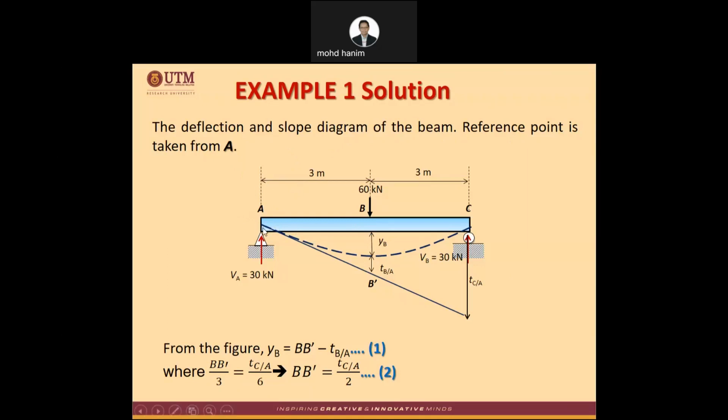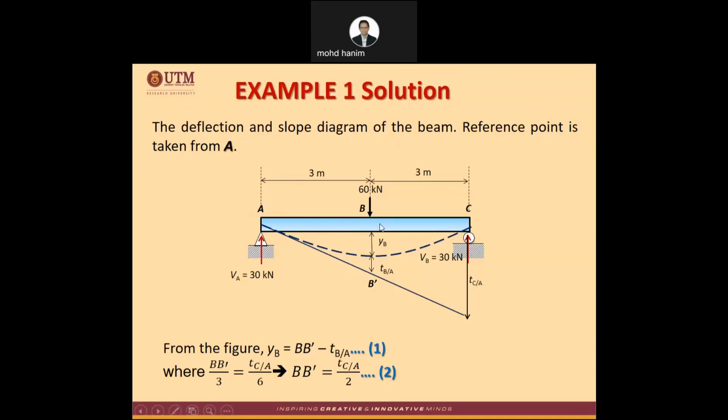In this case, A is at the support. Don't use B as the reference point here, because we do not know the condition of this point. But at A, we know the properties of this point: it has zero deflection and moment equal to 0 here.